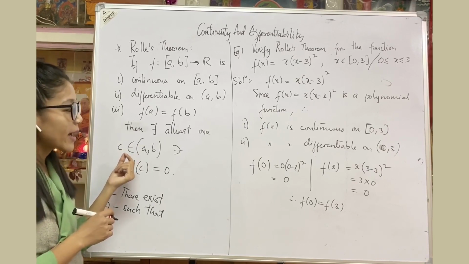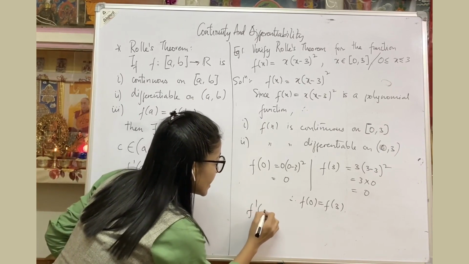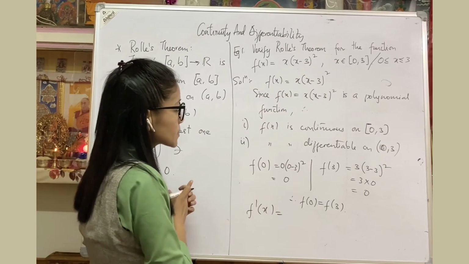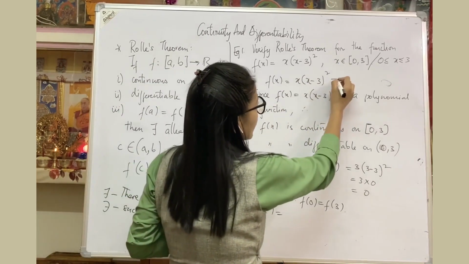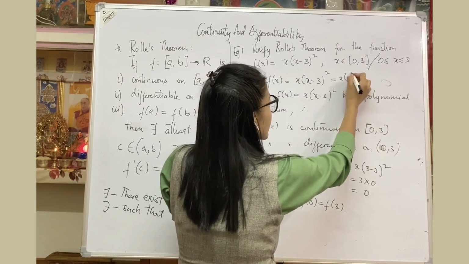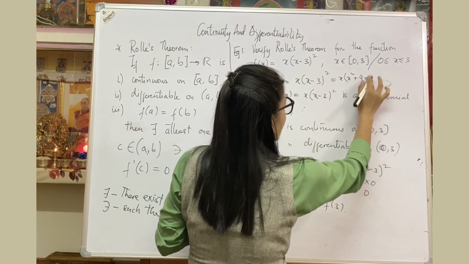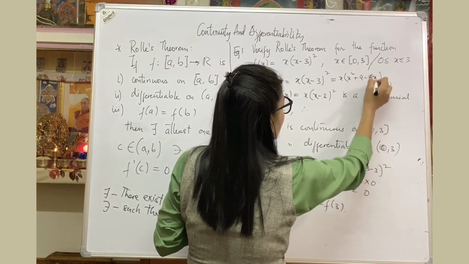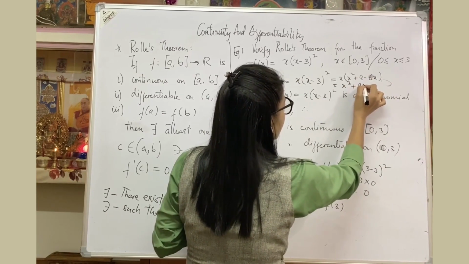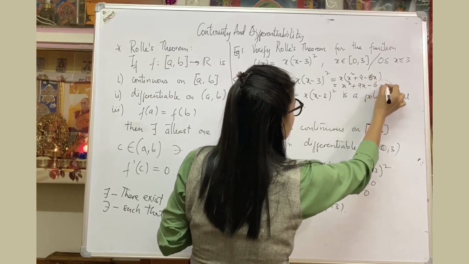Now we are going to do that. First you find f dash of x, so you differentiate this. Either you can expand this term: x into (x square plus 9 minus 6x), that is x cube plus 9x minus 6x square.